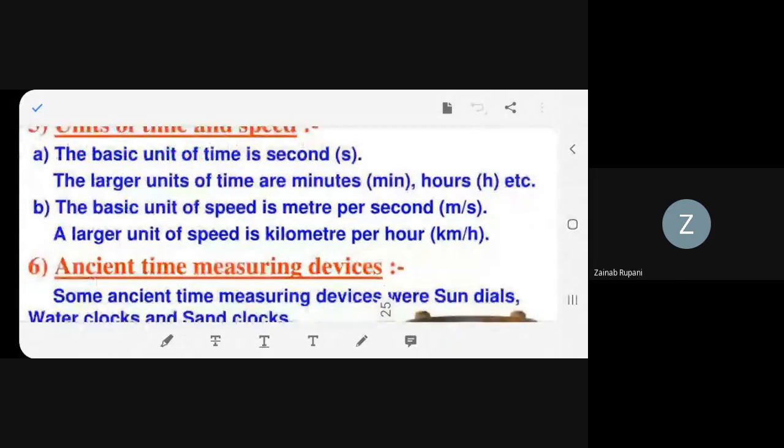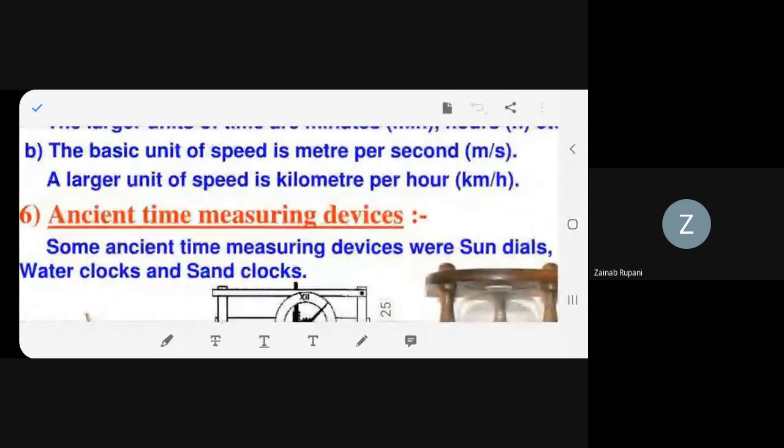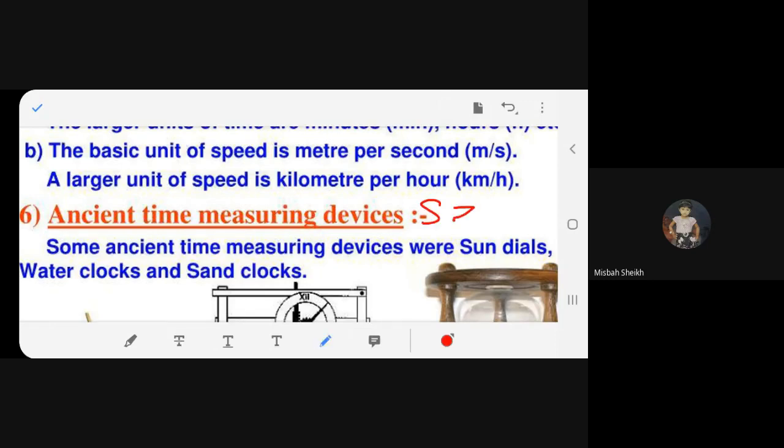Now we are going to work on speed. The basic unit of speed is meter per second. A larger unit of speed is kilometer per hour. Similarly, speed is equal to distance upon time. The formula of speed, beta?